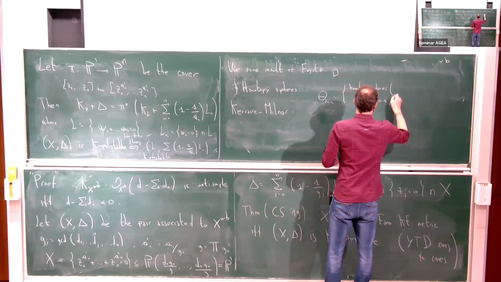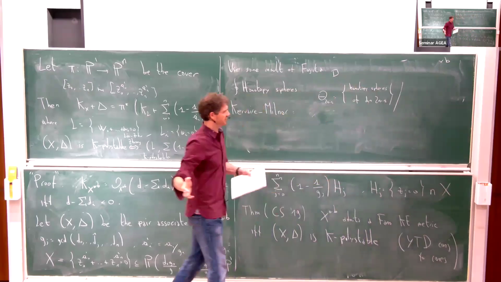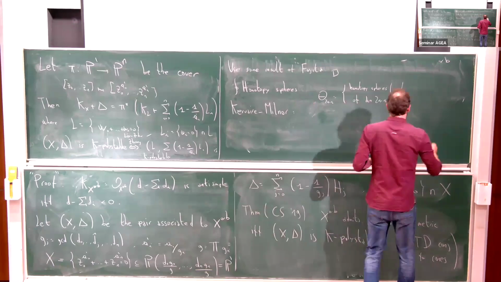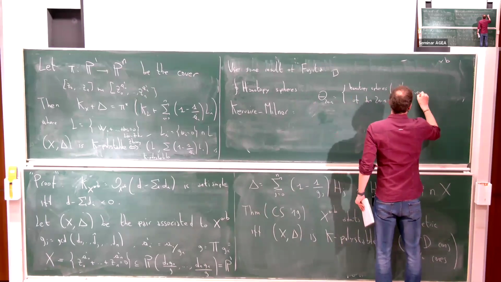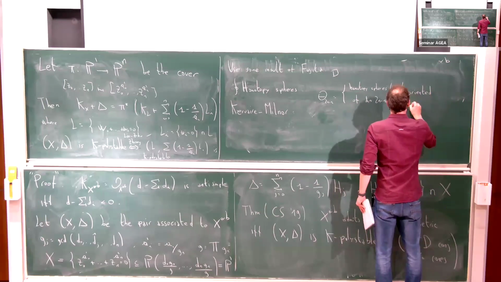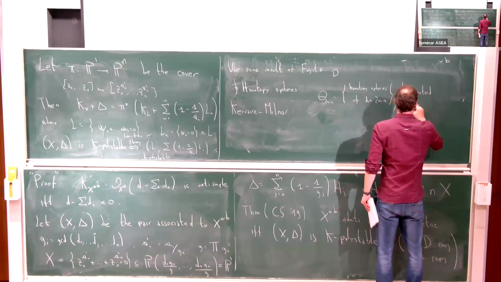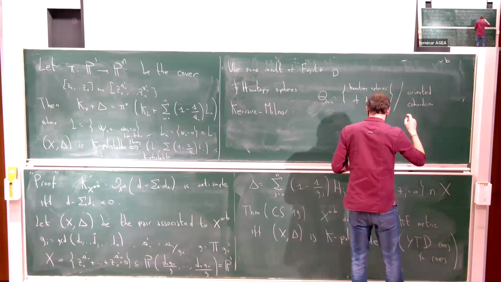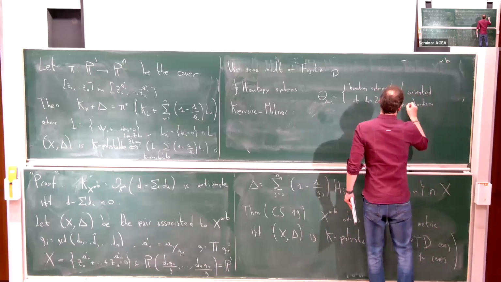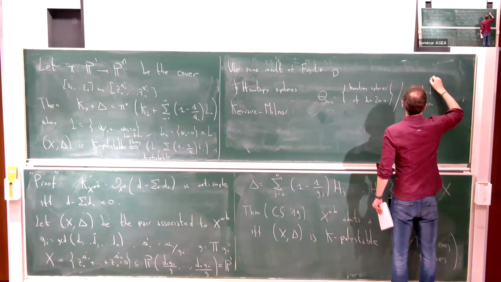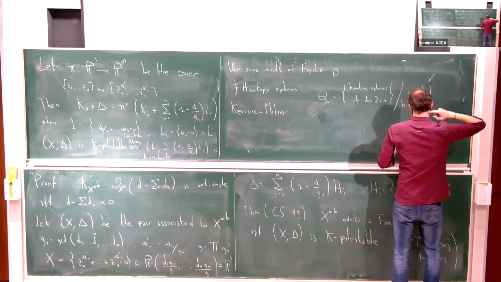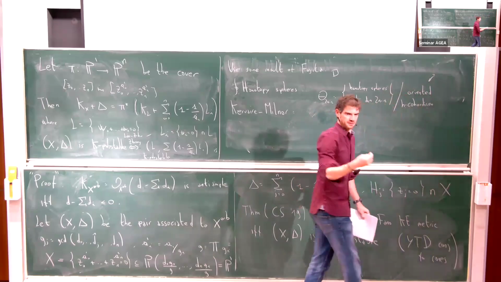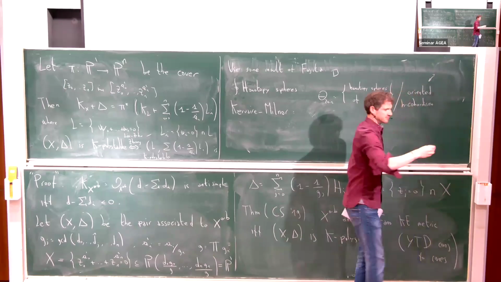So these are manifolds. I gave the definition before. These are manifolds that are homeomorphic to the standard sphere, and you mod out by oriented h-cobordism. This is actually the same as modding out by diffeomorphism, because of Smale's theorem.